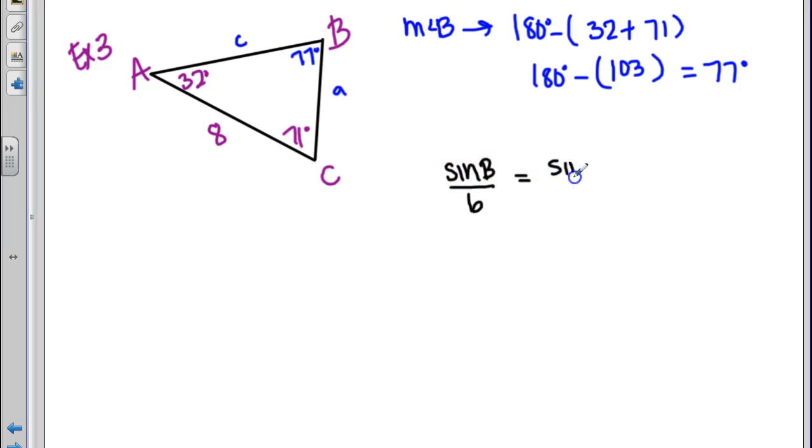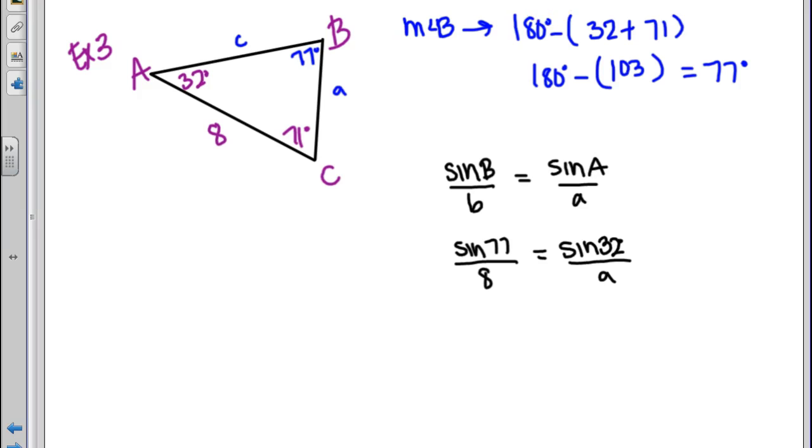So let's start with angle A. Sine of angle A over side A. So let's fill in what we know. Sine of angle B, which is 77 degrees, over side B, which is 8, is equal to sine of angle A, which is 32 degrees, divided by side A, which we don't know.